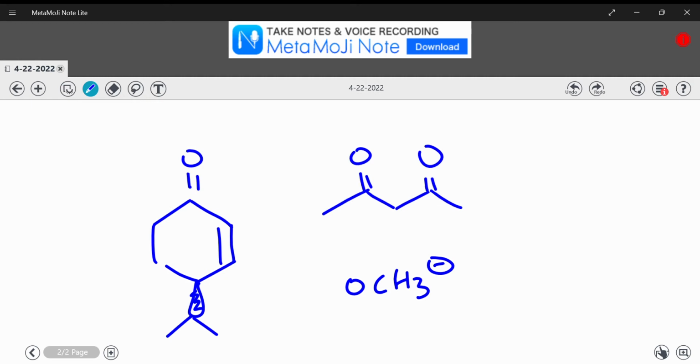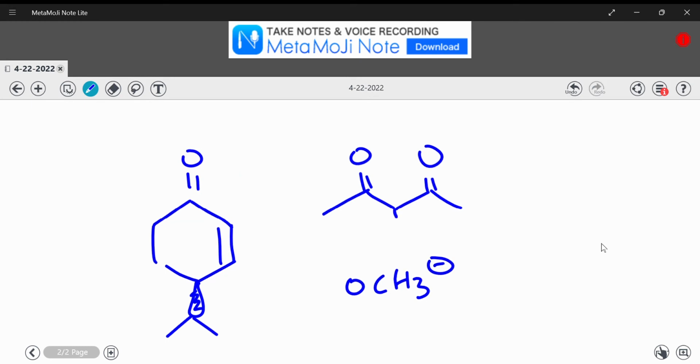It should be the meta position. If this were our first, then we'd have 2, 3, 4. Kind of doesn't make too much sense now that I think about it, why it's called 1,4. But all I need to know is that it adds to the meta position relative to your O double bond. So just call it meta addition.